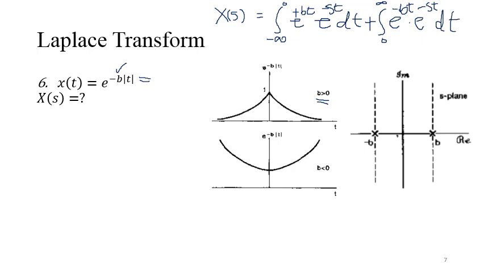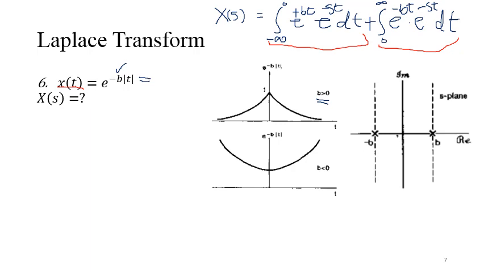If we look at this signal, x of t consists of two parts, a left side and a right side, so it exists from minus infinity up to infinity. For 0 to minus infinity we have this expression, and for the signal that exists from 0 up to infinity we have this expression. You understand, we have done a similar question.